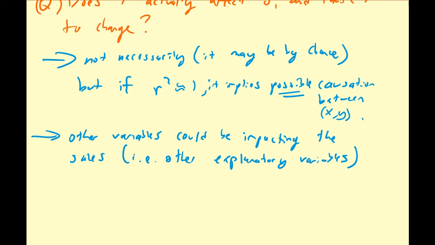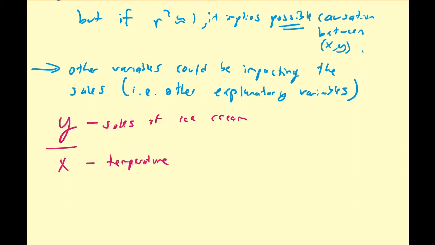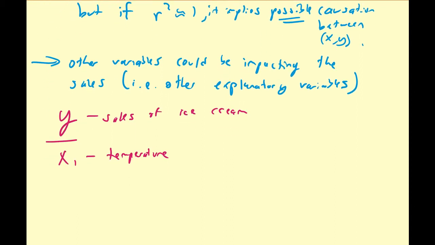So what do I mean by other explanatory variables? We have our response variable y, which is going to be the sales of ice cream. And we have our explanatory variables x, of which we only considered temperature. But there could be other ones as well. So I can call this x1. X2 could be a holiday.